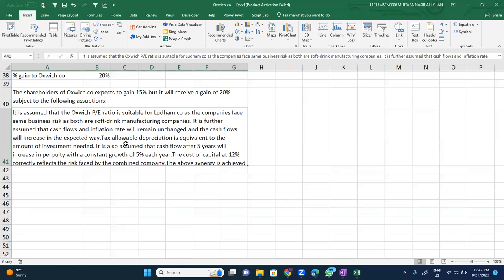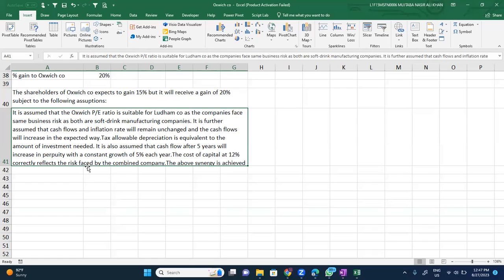There is a reason. Like, cost of capital is 12%, correctly reflects the risk faced by the combined company. How on earth is this possible? How do you know that? Please tell me. Are you the examiner? Were you sitting with the examiner when the examiner was making this question?